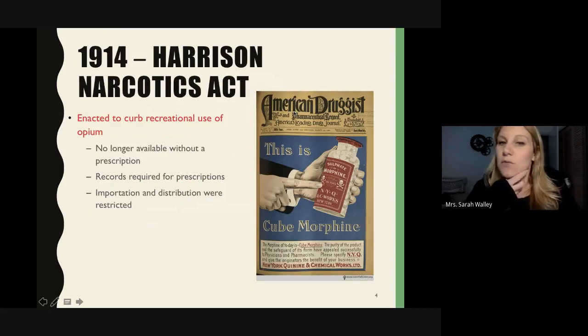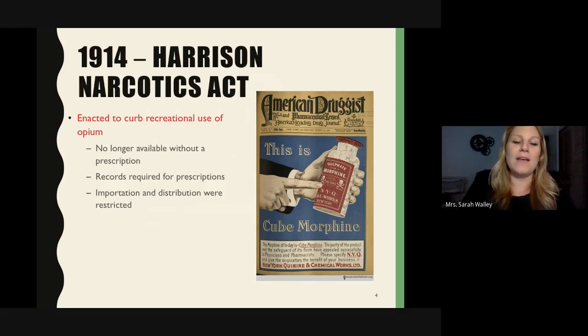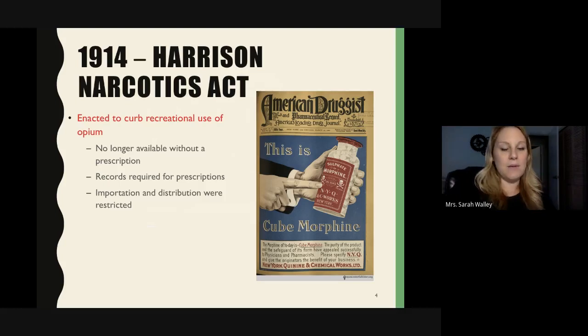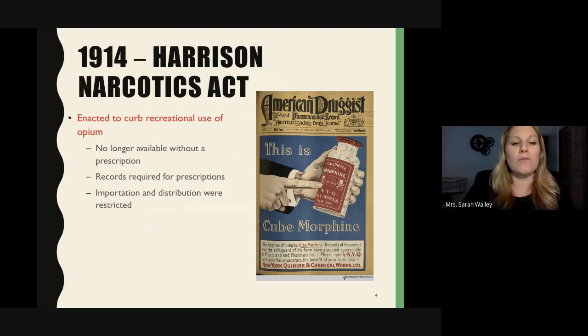Okay, so then the 1914 Harrison Narcotics Act. This was actually on the test last year. My past students in the last few years have told me that this has been on there. I know for sure it was on there this past year. It was enacted to curb recreational use of opium. So we talked about opium in chapter one, but opium was a really big deal back then because before this, it wasn't really regulated.